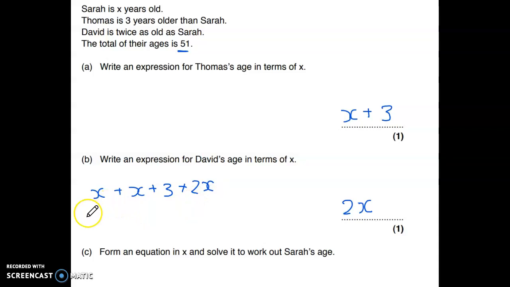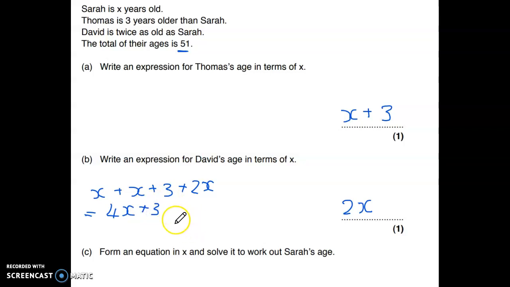Now, the best thing to do first here is to collect the like terms. So you can see here we've got 3 X terms. We've got one lot of X plus another lot of X plus 2 lots of X. So in total, we have 4 lots of X. And we have no other numbers other than the plus 3.